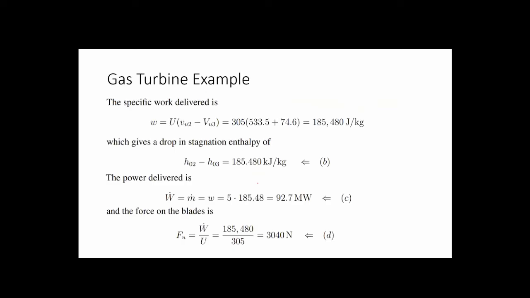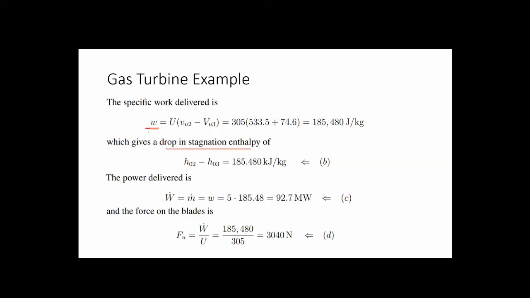Okay, now we want to solve question B, which asks for the drop in stagnation enthalpy. But before that, there are two ways to calculate the drop in stagnation enthalpy, which equals the specific work. The value of specific work is equal to the drop in stagnation enthalpy.